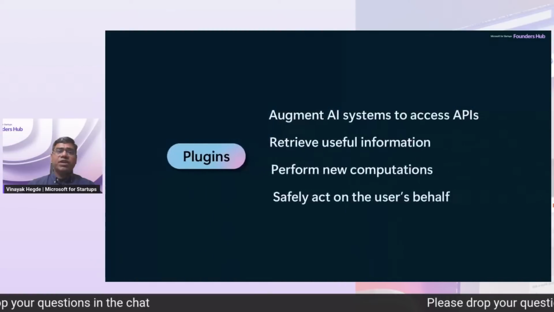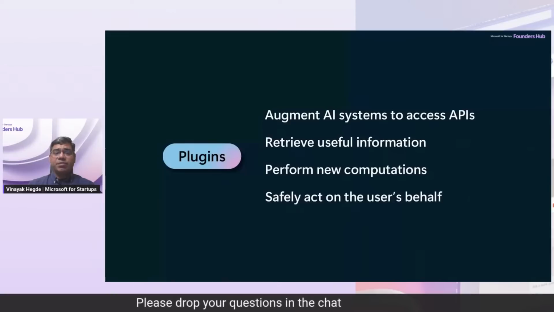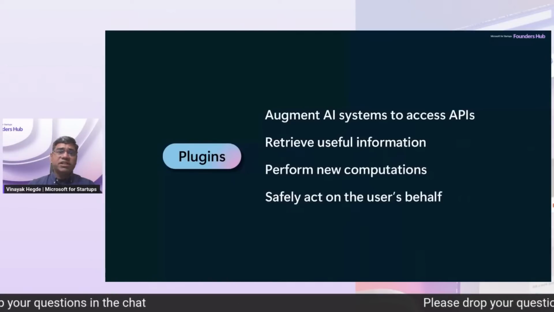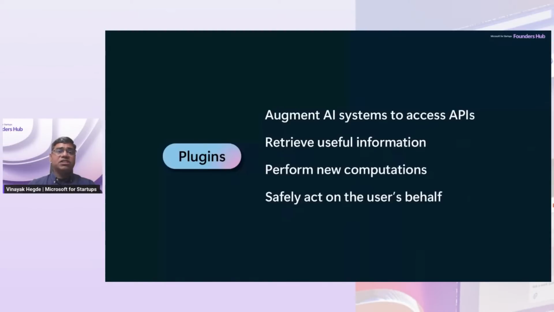The way plugins do that is they augment AI systems to access APIs, and there can be APIs for everything, from pricing data to real estate data, weather information, distances between two places, or stock information. There could be a whole variety.